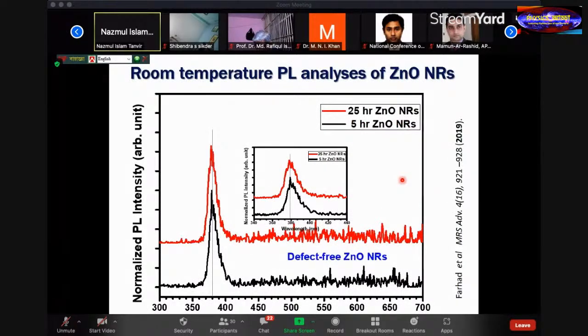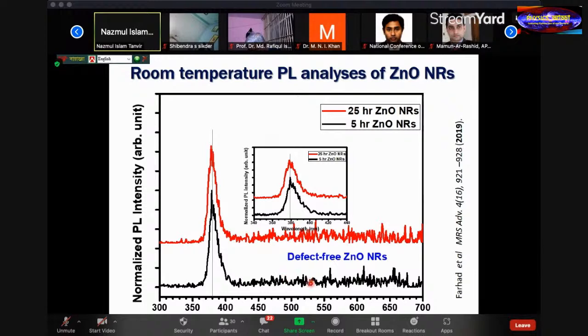And this is the room temperature PL analysis of zinc oxide NRs, and both samples displayed a sharp near band edge at 380 nanometer, and the band gap is around 3.26 electron volt. This PL spectra indicated crystalline quality and defect-free zinc oxide NRs grown on seed layers made with high energy ball milling derived zinc oxide NPs.